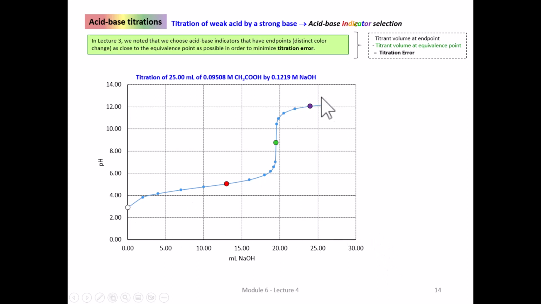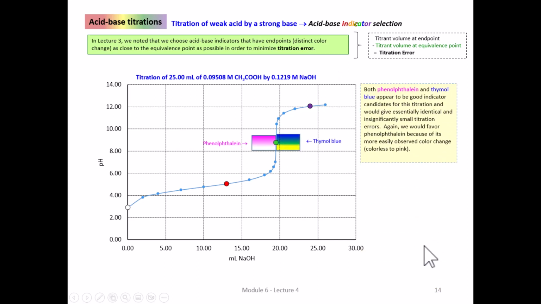Here the advantage of plotting a titration curve is that we can get a good idea of what the equivalence point is without using an indicator. But again, if we wanted to look at what indicator to choose and we overlaid a couple of choices on the titration curve, we can see that thymol blue would work.